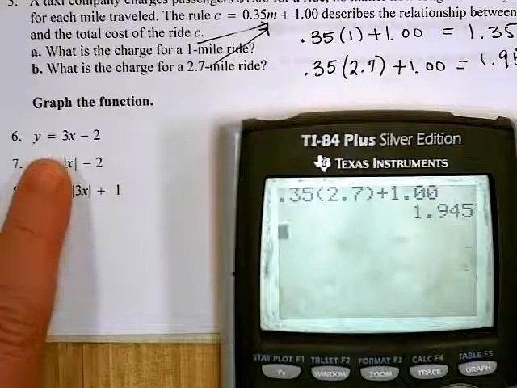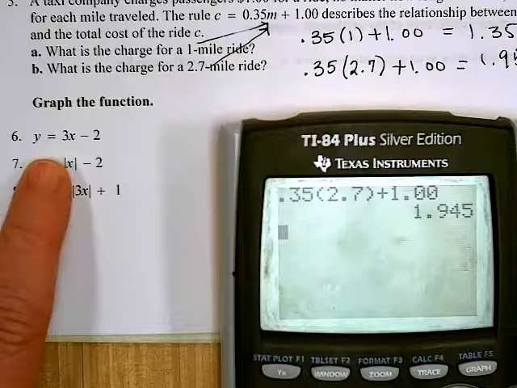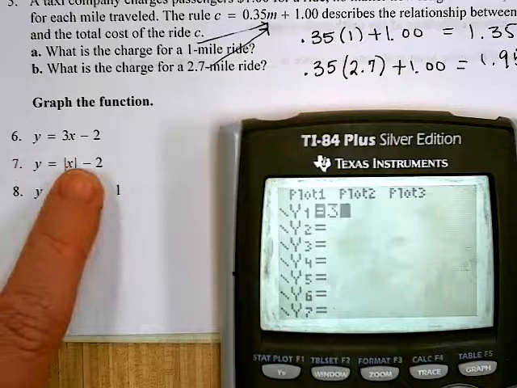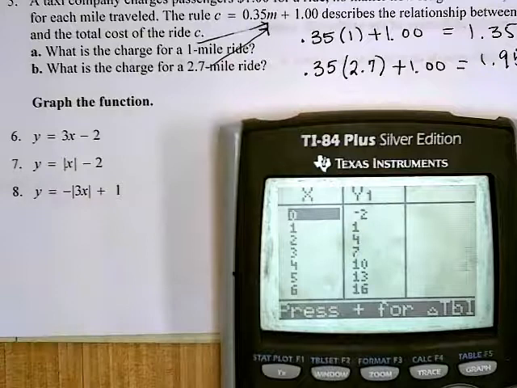Number 6 asks you to graph the equation. So go to y equals. Put that in your y equals 3x minus 2. You can go to the table and plot some points and draw the line, or you can press the graph button.